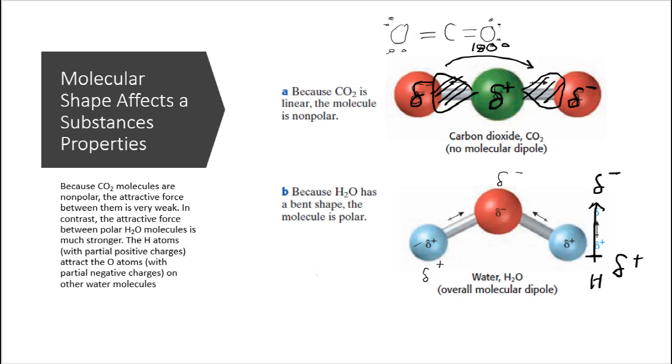So water is actually like a little tiny magnet. If you get a water molecule, you have the hydrogens, which are slightly positive on this end, and where we have the oxygen is slightly negative.